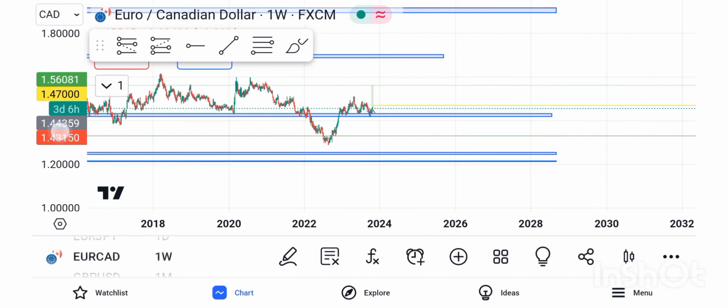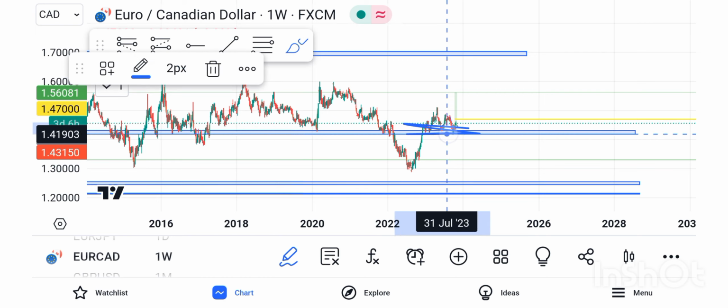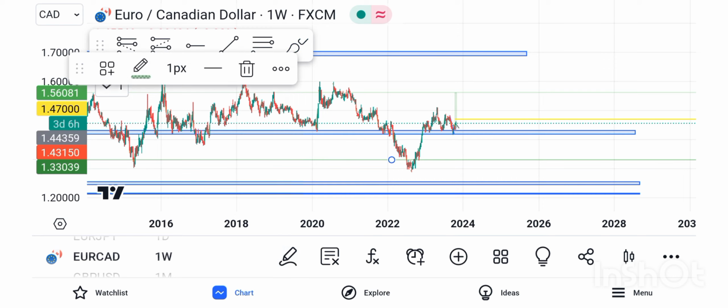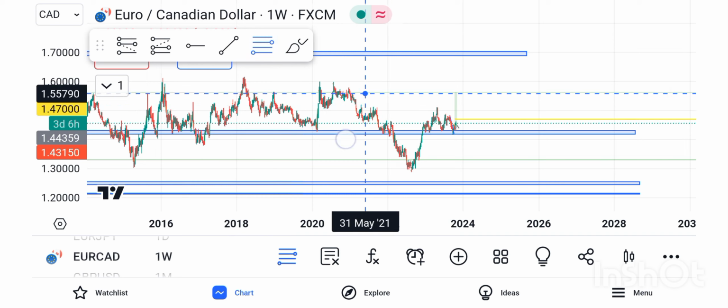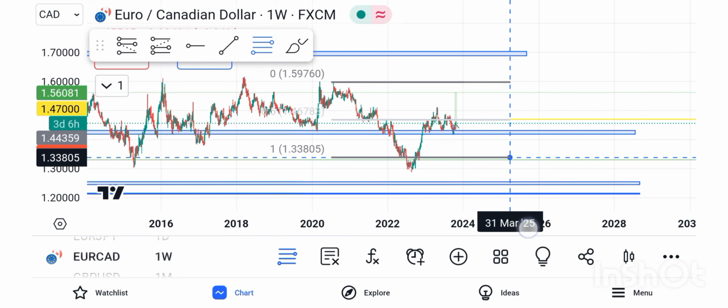The price seems to be in a downtrend and has risen up to the resistance level here, and even broke it, and is currently sitting on that level. So we're in a range, but in a current downtrend.